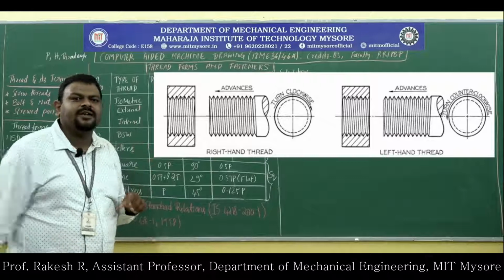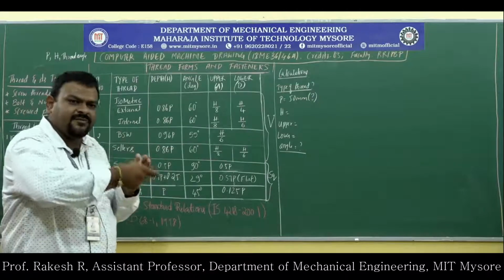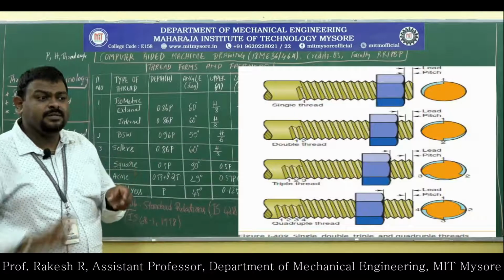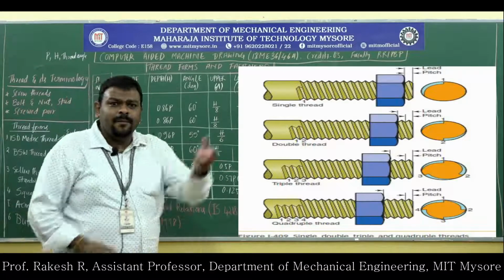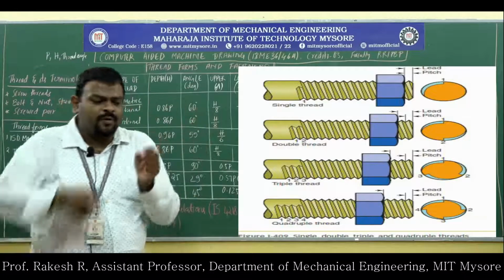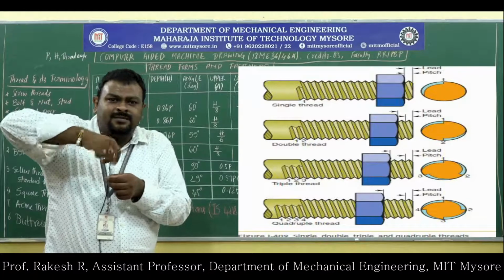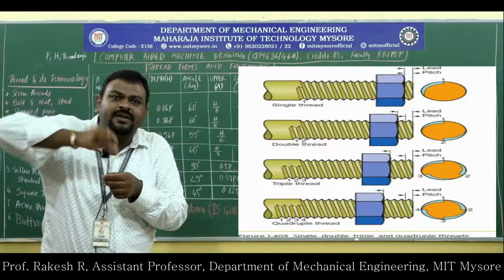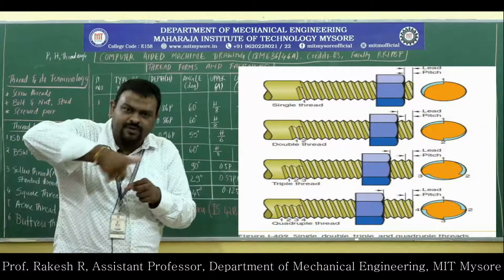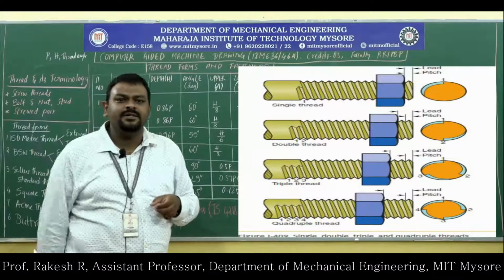Also, single start thread: some threads, if you rotate once, will lock. In some cases you have to rotate many times. A bottle is a very good example: when you open a cap, you have to turn it about 6 to 7 turns, and closing also takes 6 to 7 turns.